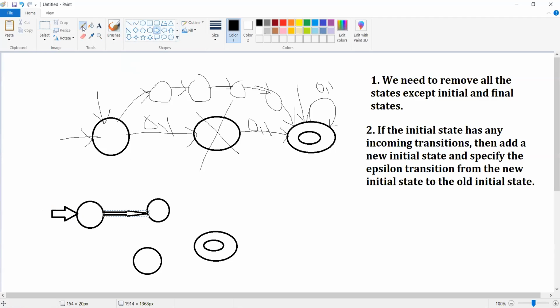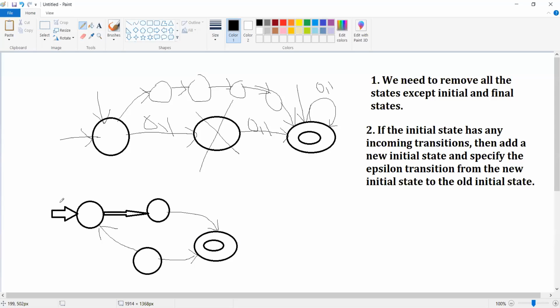Let us observe that we have some transitions like this. Forget about the input variables on which we have the transitions, no need to worry about that.